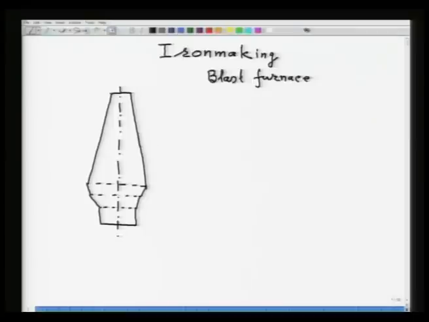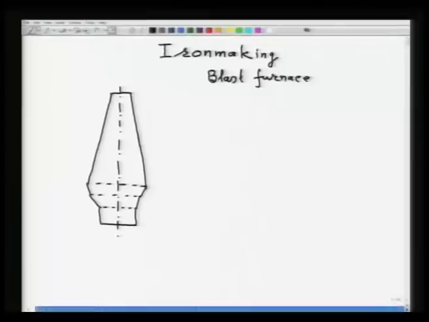Now, again, my objective of this lecture is not to give you all aspects of iron making, but that portion which is relevant for performing material and heat balance operations.